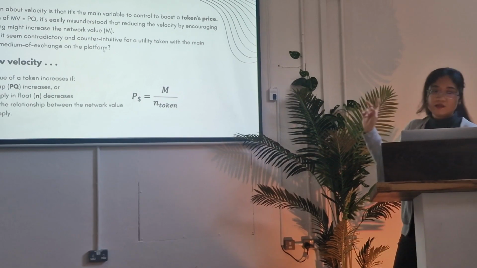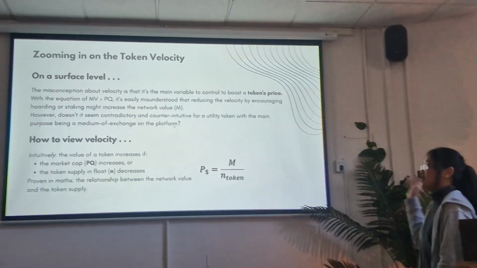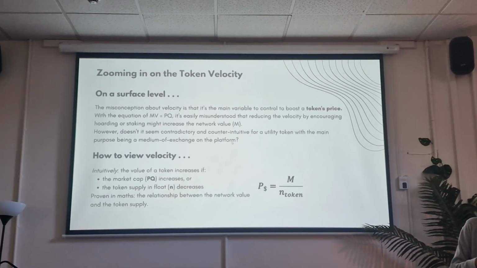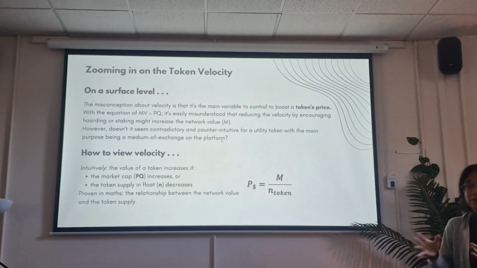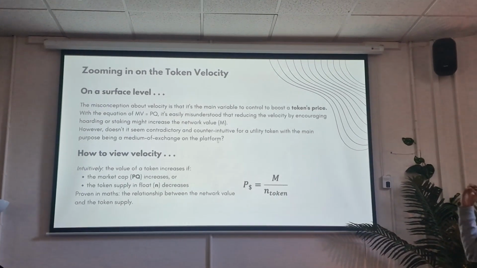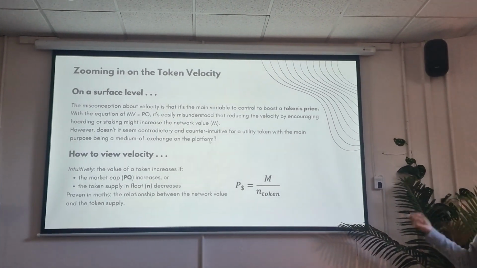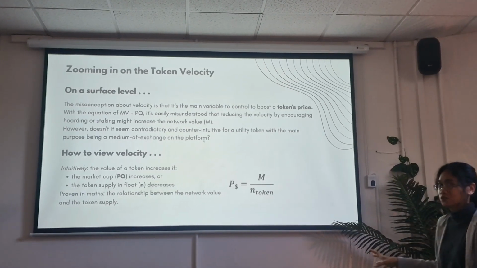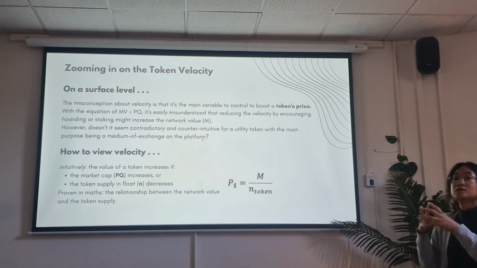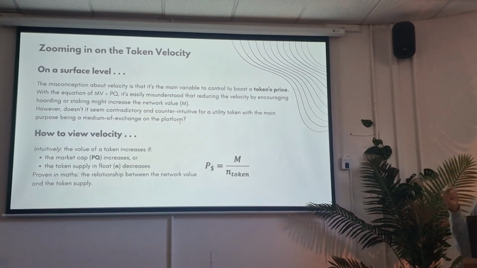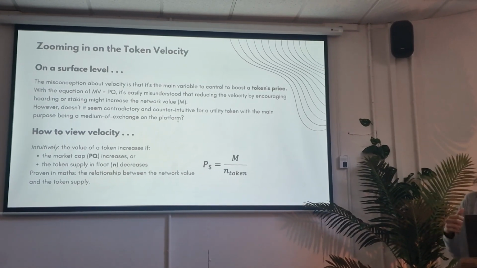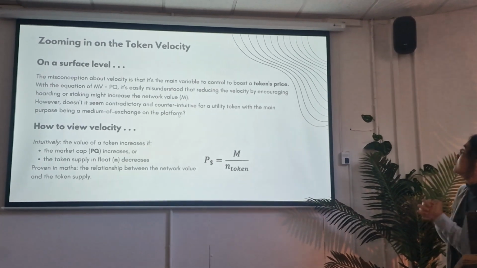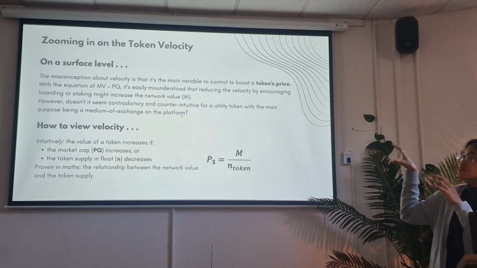Next is zooming in on the token velocity. I needed to put up this slide because if you read online, there are competing opinions from thought leaders. For example, the article from Vitalik Buterin, the founder of Ethereum, zooms in on velocity as a variable to control, because if you want to increase the price of the utility token, you need to decrease the velocity.